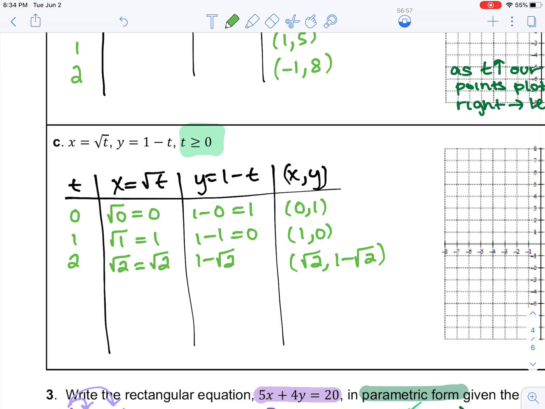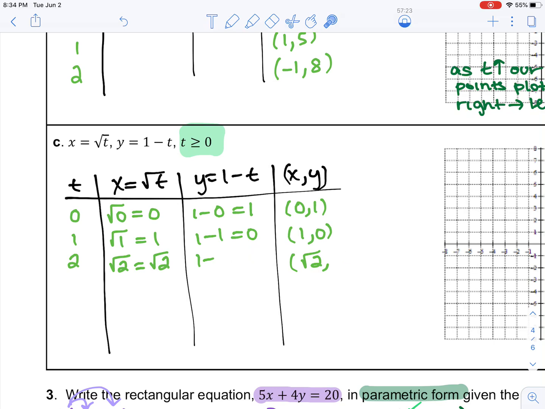Those are going to be some gross decimals that are going to be really hard to accurately plot. So I think the best strategy, and actually I just realized that that y value isn't actually that bad, right? We'll do 1 minus 2, which will give us -1. But still, having to plot an x-coordinate of square root of 2 is a little bit tedious.